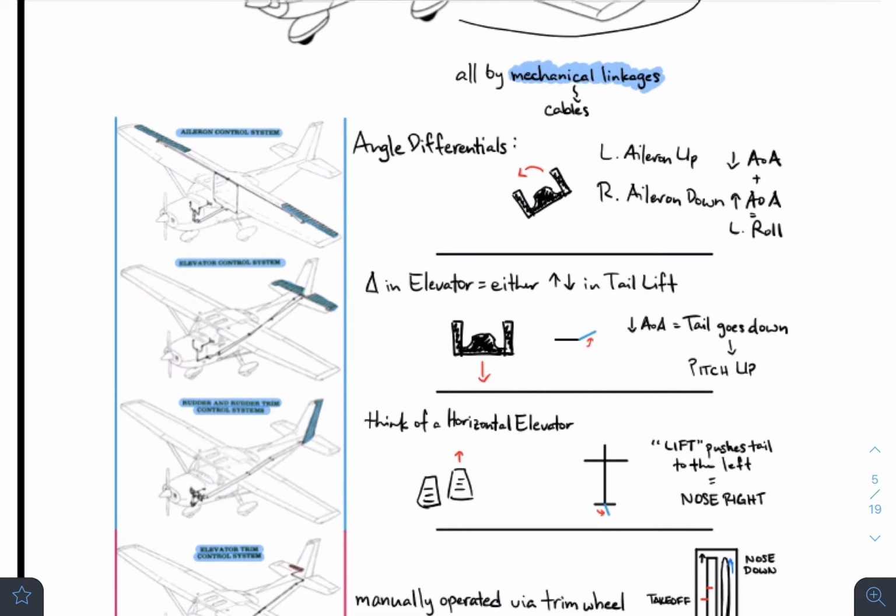So you really are just changing the shape of the tail. A decrease in AOA when I pull the yoke back allows the tail to go down. Like what we talked about, if the tail goes down, the general setting of the plane would then go up.